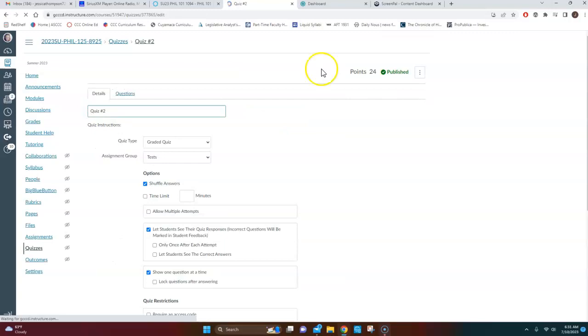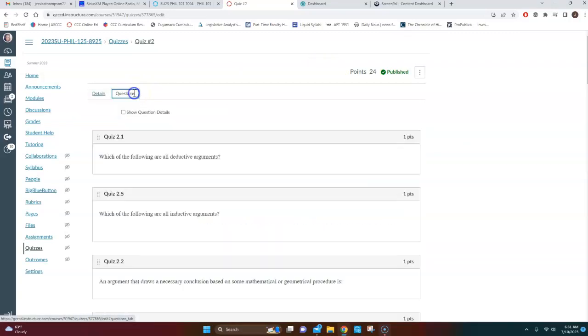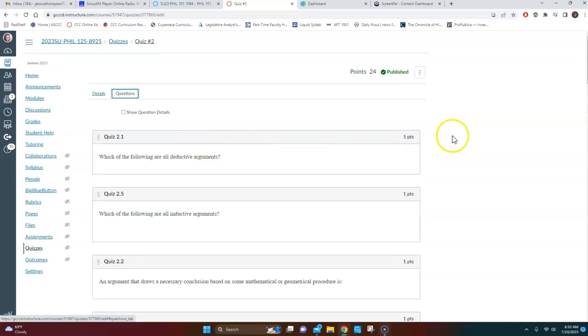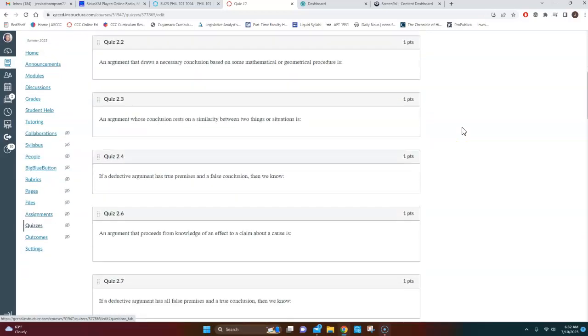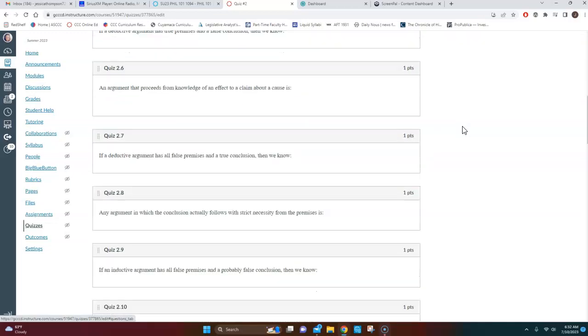Again, this is the instructor view, so things look different here for me than they will for you, but you'll get the gist. Let's go through the whole thing together first. The first section has some general questions about deductive versus inductive arguments and the different types of each.